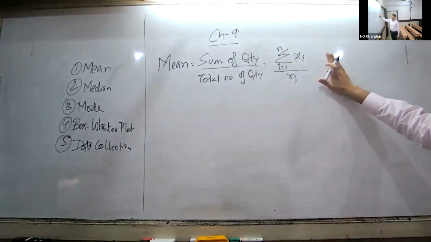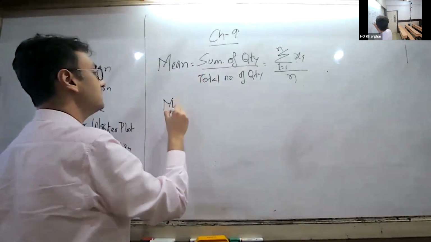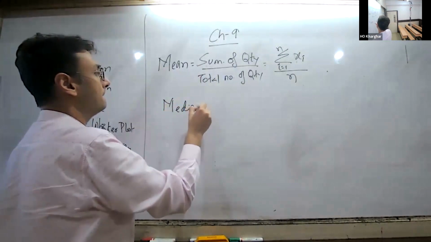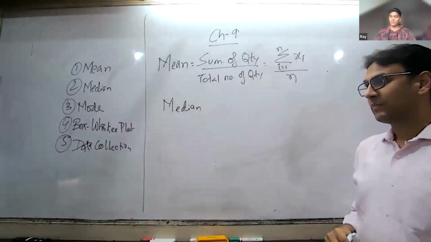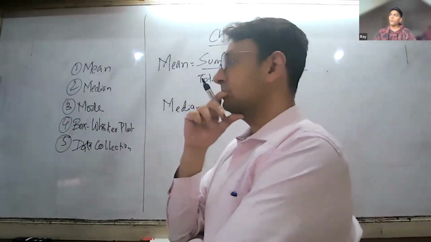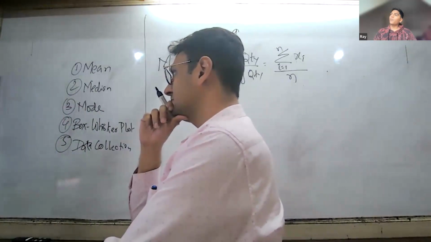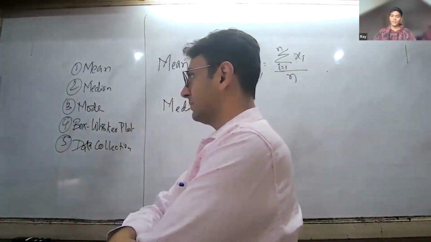So this is about mean, and coming down to median, let's define median. It's basically the middle part of a list. Like the number of outcomes or inputs, divided by 2.